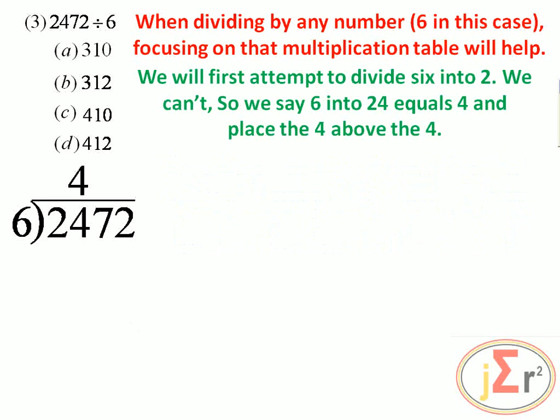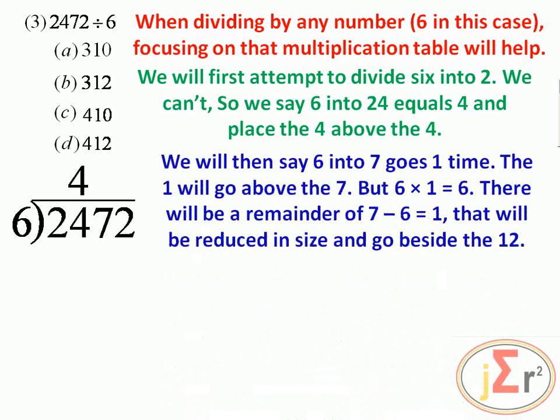So we will say now 6 into 7. 1. 6 ones, 6. Right. So we know that 6 does not divide into 7 evenly, or we say that 7 is not divisible by 6. 6 does not divide into 7 without leaving a remainder. But 6 can go into 7 how many times? 1.